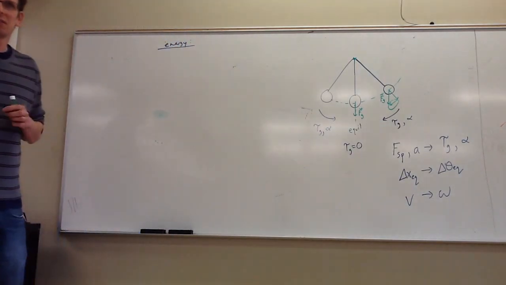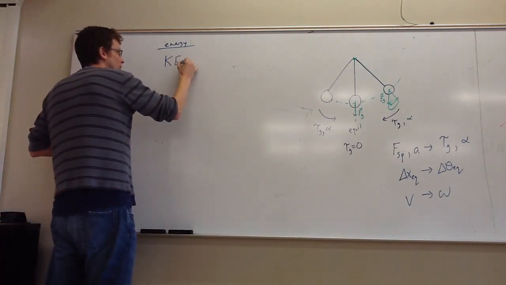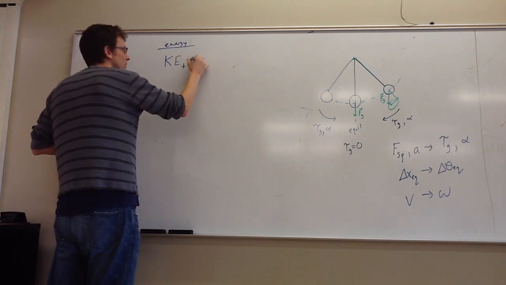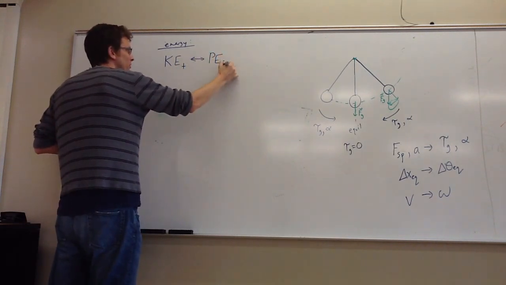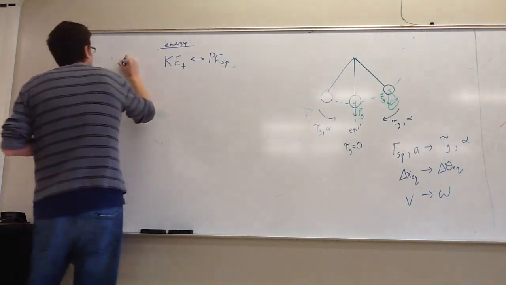In the spring system, the kinds of energy that are being traded are translational kinetic energy and spring potential energy. This is the mass on a spring system.